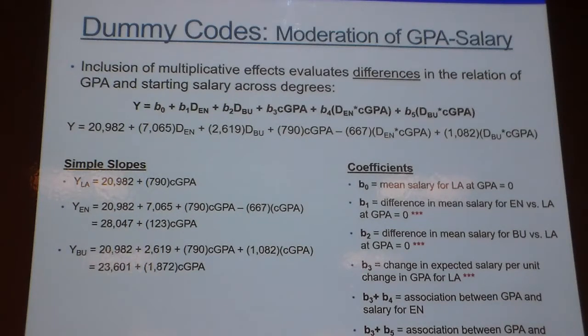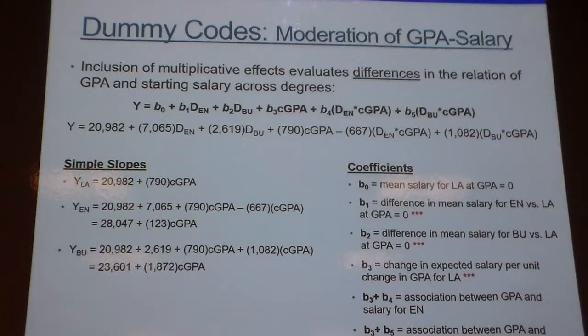If I'm an engineer, I only see a $123 increase expected per unit increase in GPA. But if I'm a business person, it's close to a $2,000 increase in starting salary per unit increase in GPA. This seems like a pretty big difference.